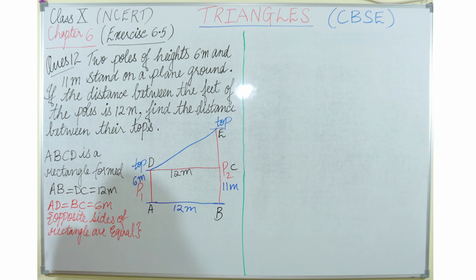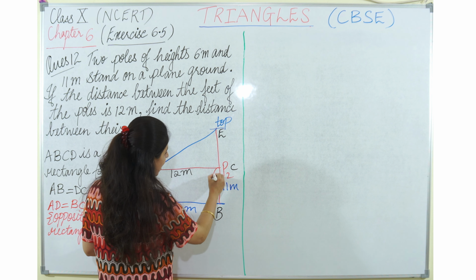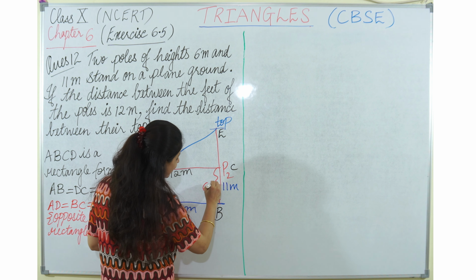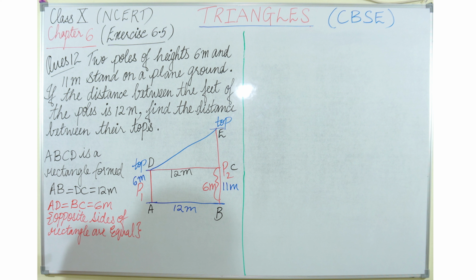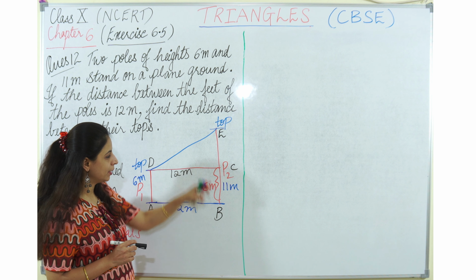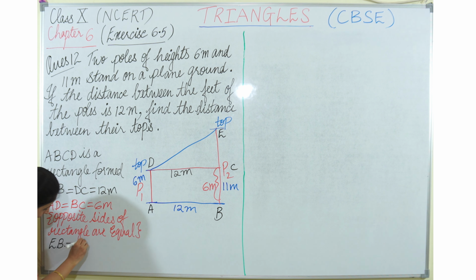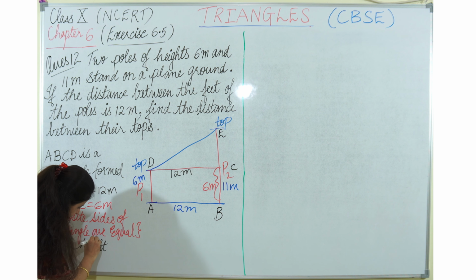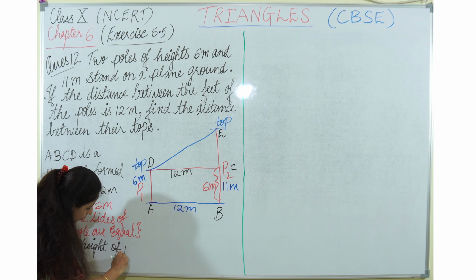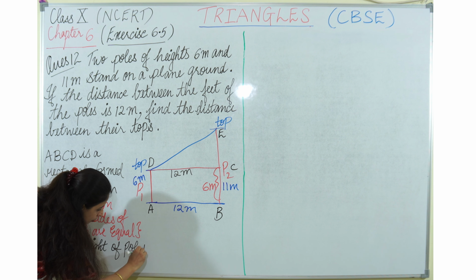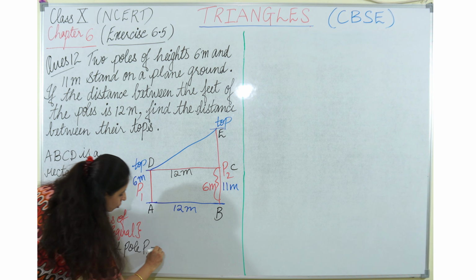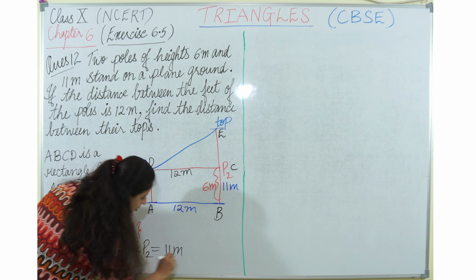So this height will also be equal to 6 meters. So EC can be calculated now, because EB is equal to the height of pole P2, which is equal to 11 meters.